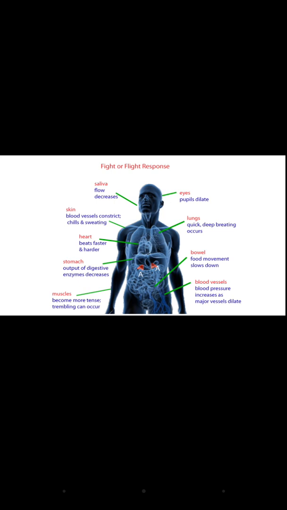So in the conditions where the fight or flight response is stimulated, it is caused by epinephrine and norepinephrine, which are secreted from the adrenal medulla. So if you are in a stressful situation, there will be the release of epinephrine and norepinephrine.